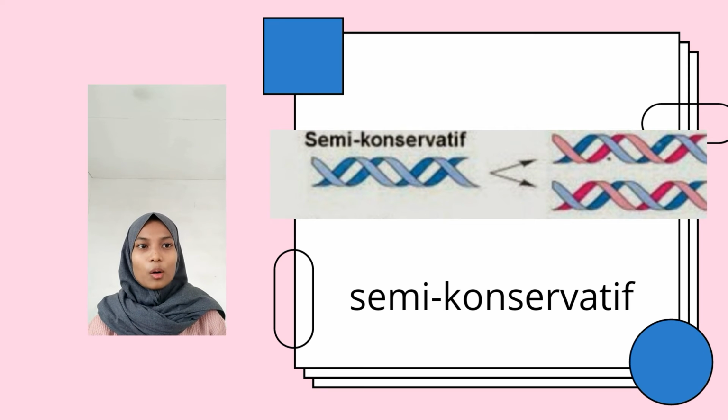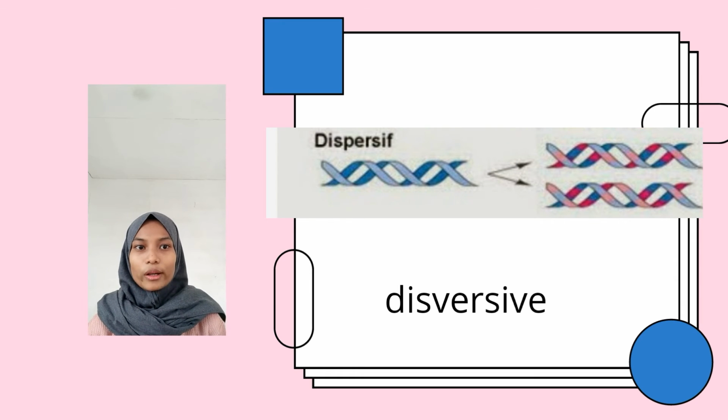The semi-conservative model, where the 2 parent DNA strands separate and each makes a new strand as a complement. The dispersive model, where several parts of the parent's DNA are scattered as a template, then each part makes a new DNA part as a complement.